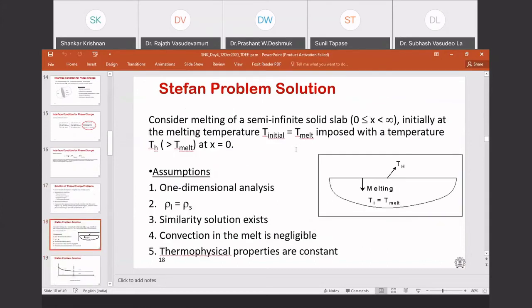So the well-known problem that is there is the so-called Stefan problem, where we assume that there is a semi-infinite solid block that is initially at its melting point, and at one boundary you're supplying some hot temperature, and so this material starts to melt.